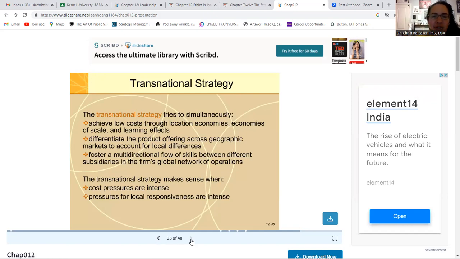Transnational strategy makes sense when cost pressures are intense and pressures for local responsiveness are intense.